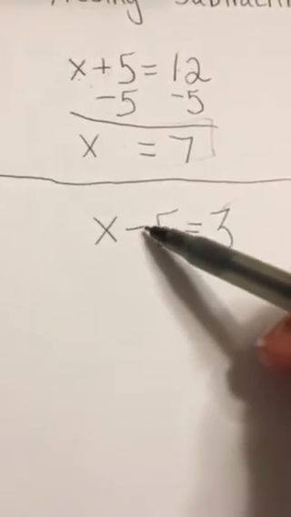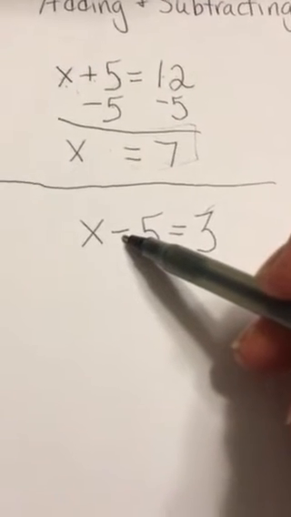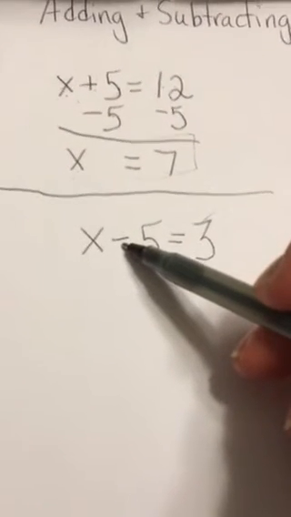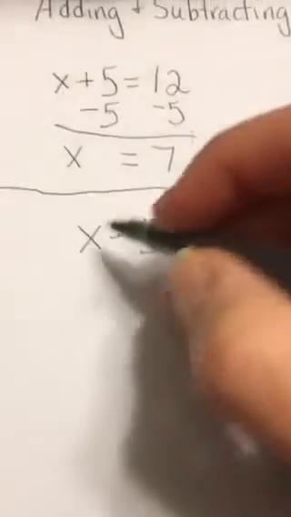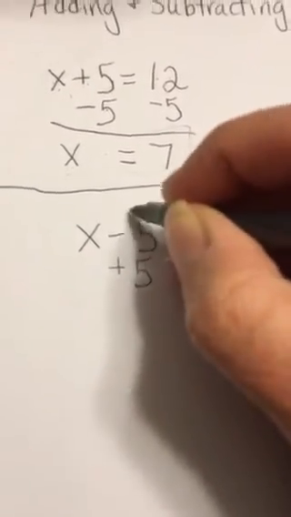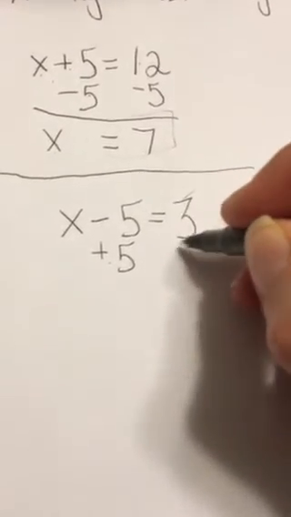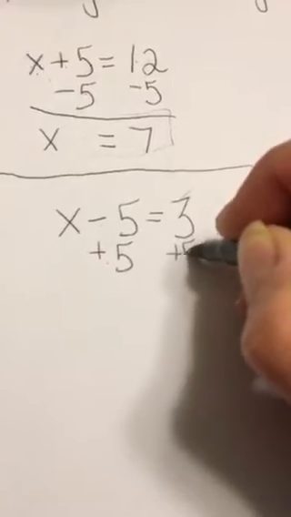So this time we're subtracting. So the opposite operation or the inverse operation of subtracting would be to add. So now let's add 5. Whatever I do to this side, I need to go onto the other side of the equal sign and add also 5.